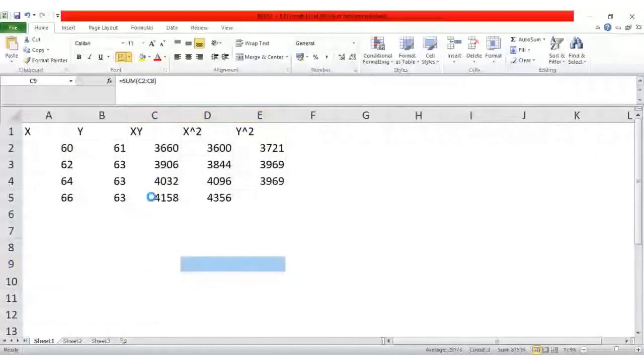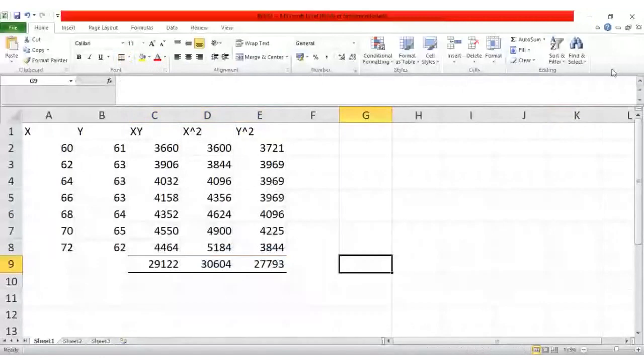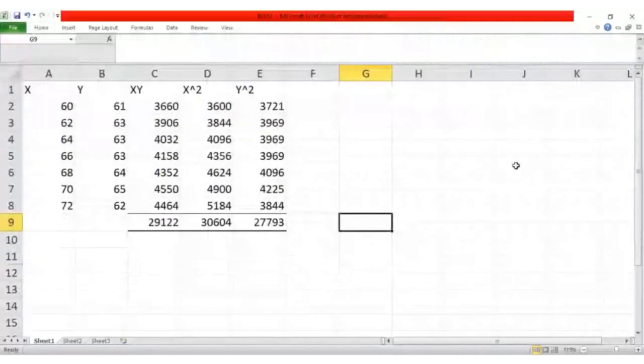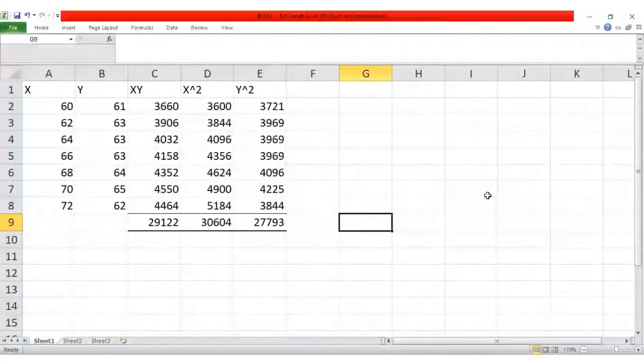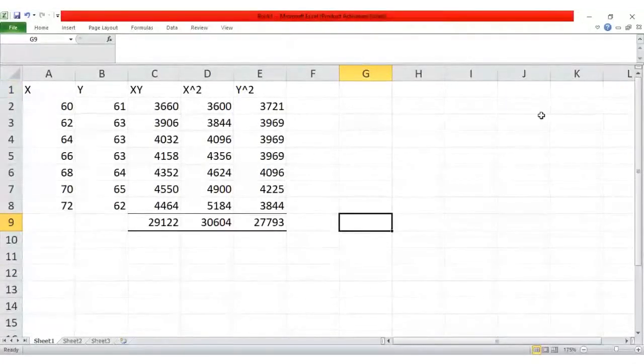Okay, so now I will copy this table into my notepad. Let me see, can I take a screenshot here? Can I copy this data directly?